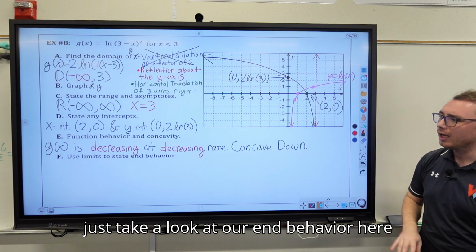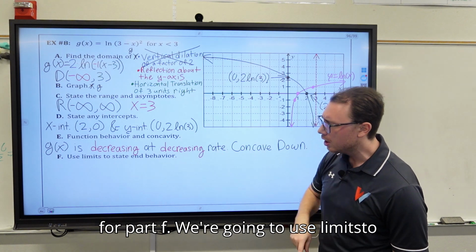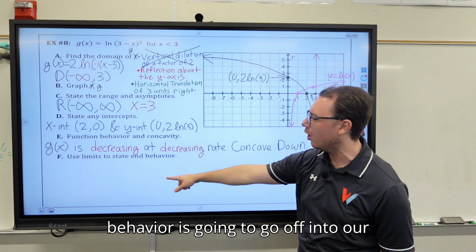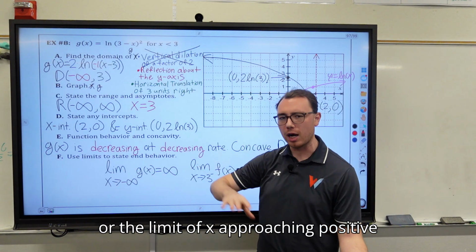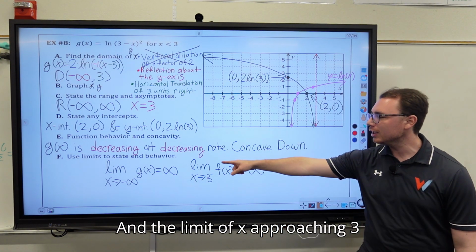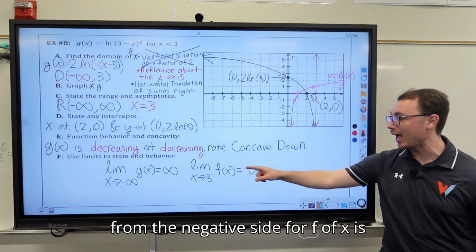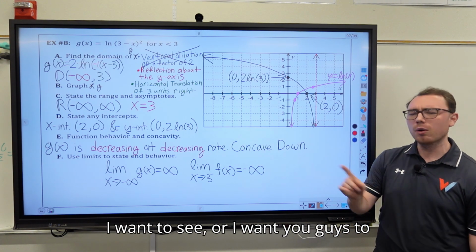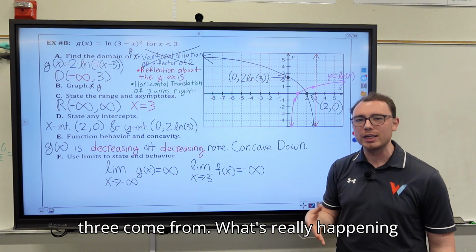Now let's take a look at our end behavior here for part F. We're going to use limits to state the end behavior. That left end behavior is going to go off into positive infinity, where the limit of x approaching positive infinity for g of x equals infinity, and the limit of x approaching 3 from the negative side for g of x is going to approach negative infinity. I want you guys to notice where these negative infinities and this negative part of the 3 come from.